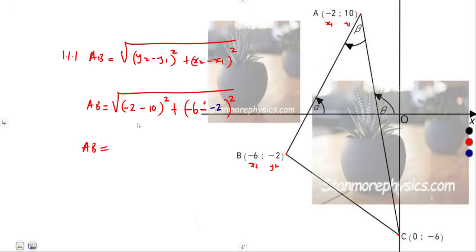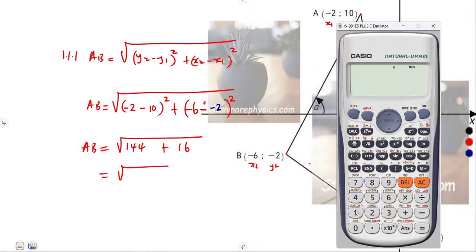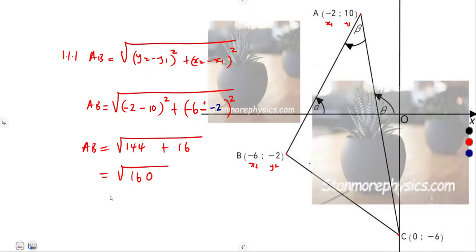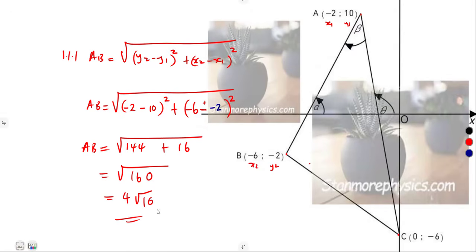So we can evaluate everything at once, or we can simplify this bracket, which gives us 144, and this bracket, which gives us 16. Then we add 144 plus 16, which is 160. In the simplest form, we find the square root of the answer, which is 4 square root of 10 units.